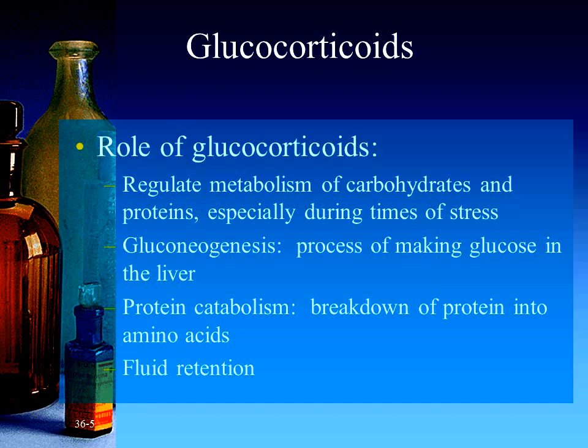The amino acids that are released can then be used by the liver to make more glucose. So catabolism kicks in during times of stress, takes proteins from the skeletal muscle, breaks them down into individual amino acids, and sends them into the bloodstream where they're caught up by the liver. The liver then takes them and converts them into glucose through the process of gluconeogenesis.